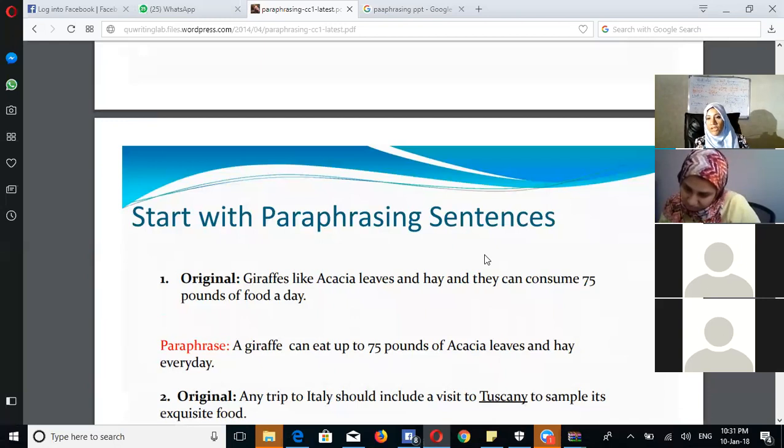Okay, exquisite food is a sample in Tuscany that any trip in Italy should include to visit it. It's on the other side. Okay, no, by the way, Heba has produced clean work, please. Clean work, there it is.